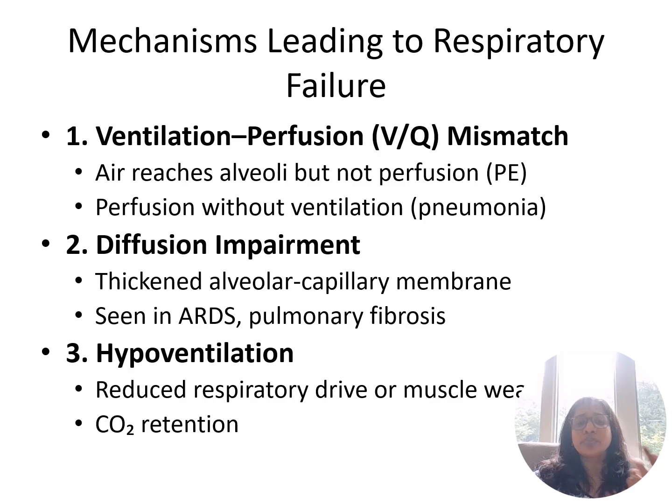There could be diffusion impairment. Diffusion impairment happens when there is a thick alveolar capillary membrane. Like in acute respiratory distress syndrome, usually the pathophysiology behind that is when the patient lacks surfactant, which keeps the alveoli open.